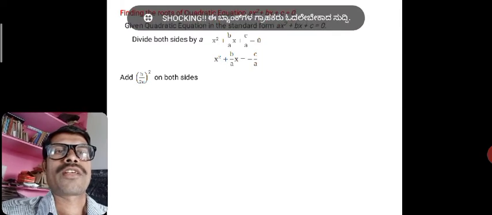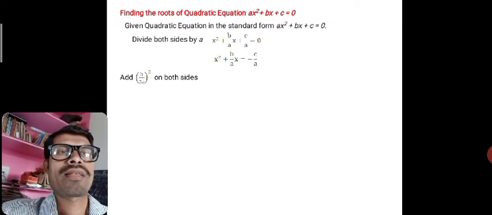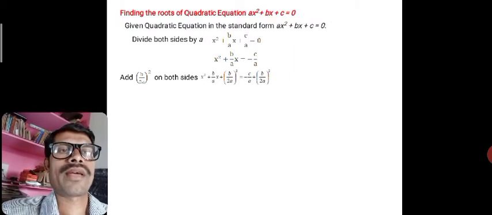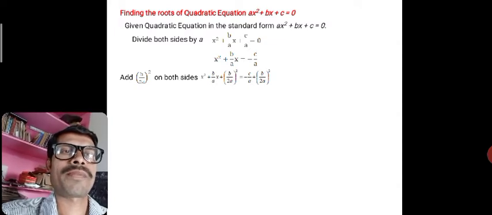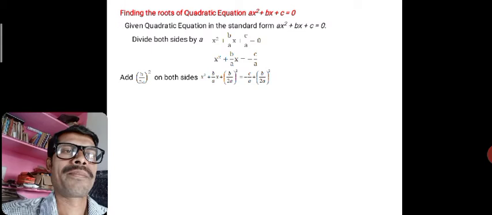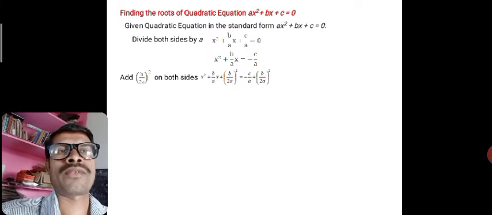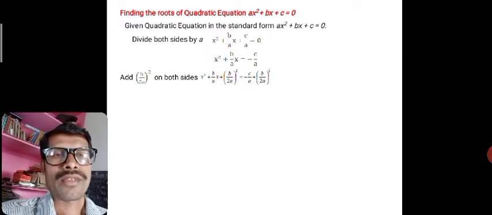We get x square plus b by a into x plus b by 2a whole square is equal to minus c by a plus b by 2a whole square. Adding b by 2a whole square on both sides will make it a perfect square. It is easy to solve, that's why.